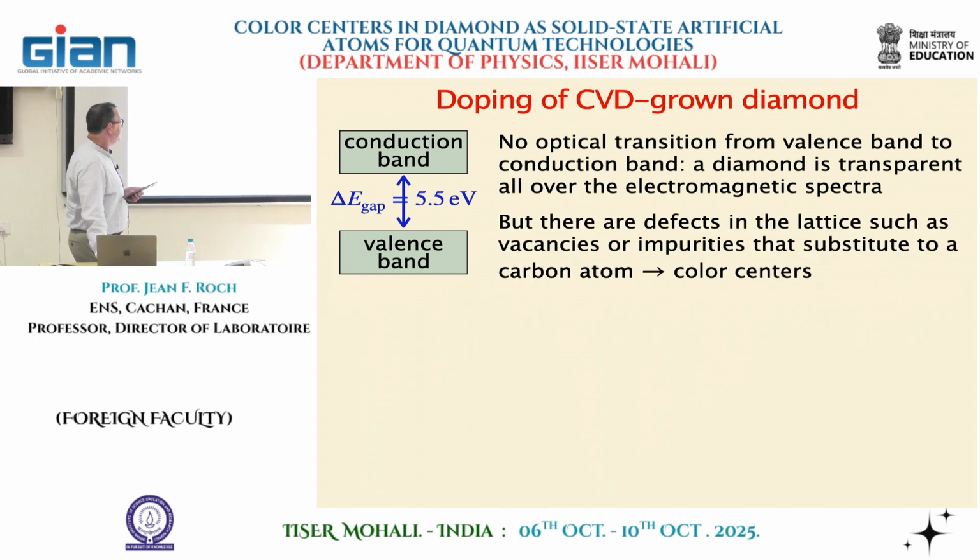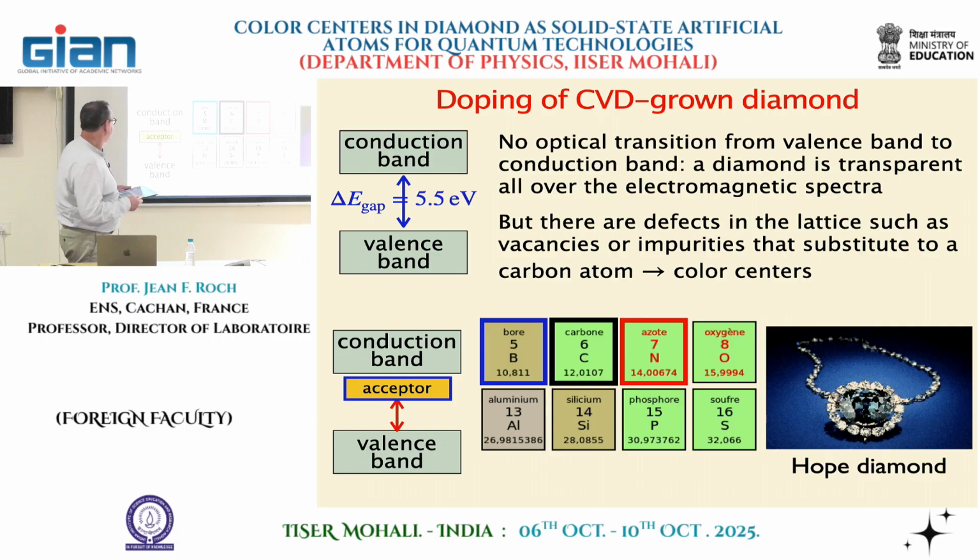Nevertheless, you can integrate defects in the lattice, such as vacancies or impurities that come in substitution to a carbon atom of the sp3 lattice. And that will change the color of the diamond. That's why we call them color centers.